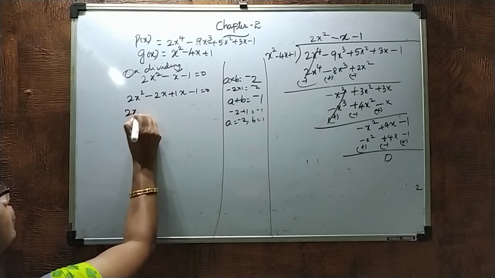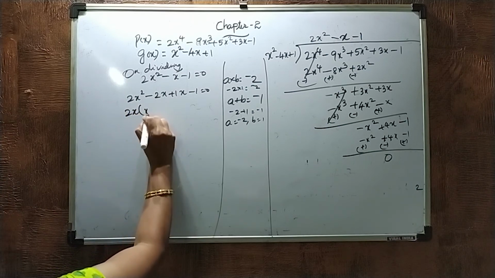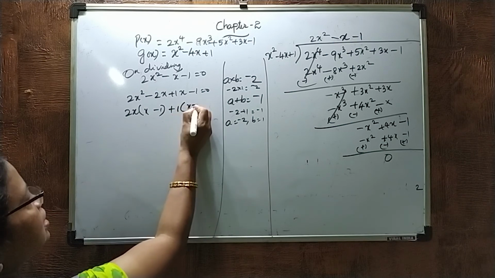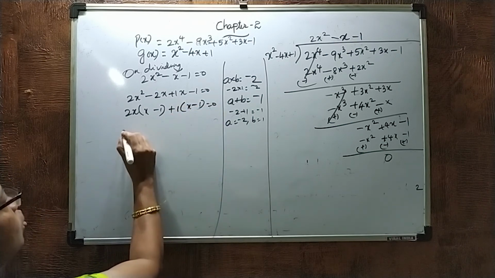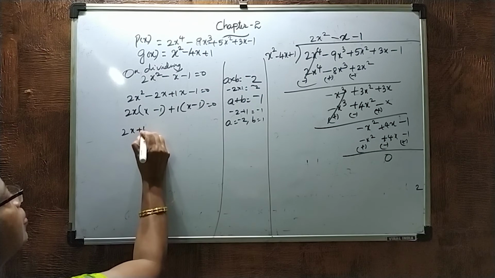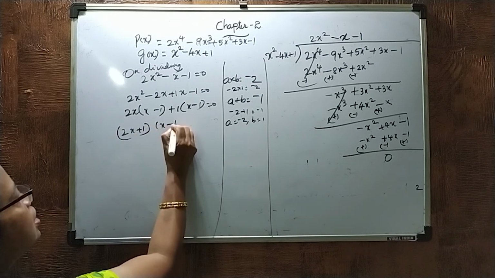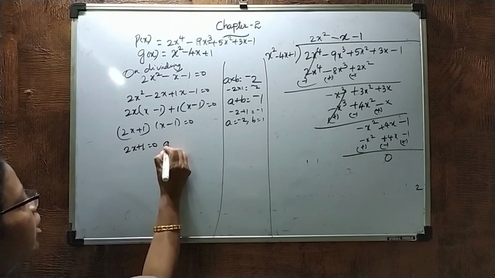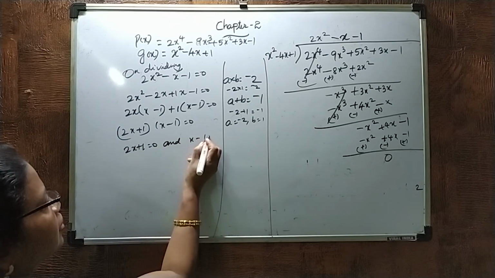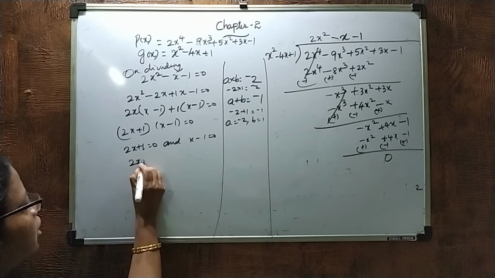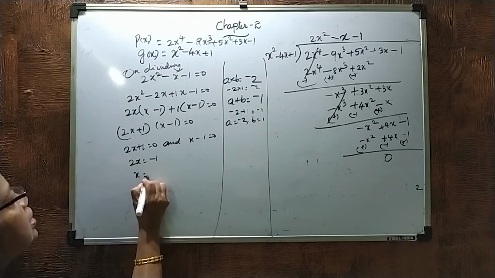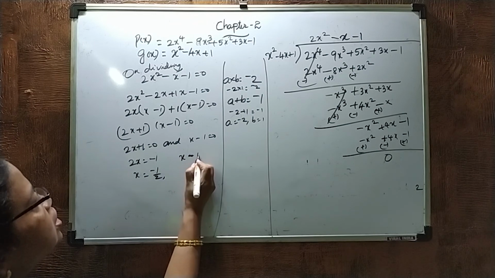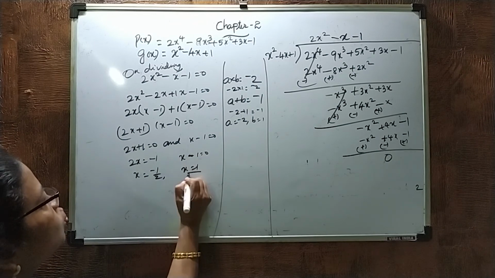Taking 2x outside, it will be x minus 1, plus 1 taking outside, it will balance x minus 1 equal to 0. So 2x plus 1 and x minus 1 equal to 0. 2x plus 1 equal to 0 and x minus 1 equal to 0. So 2x is equal to negative 1, x is equal to negative 1 by 2, and x minus 1 is equal to 0, x is equal to 1.